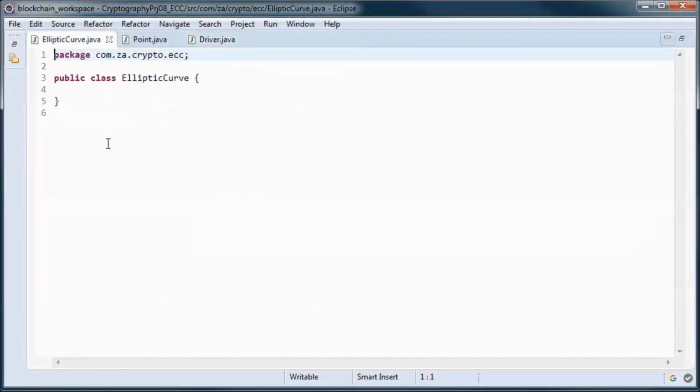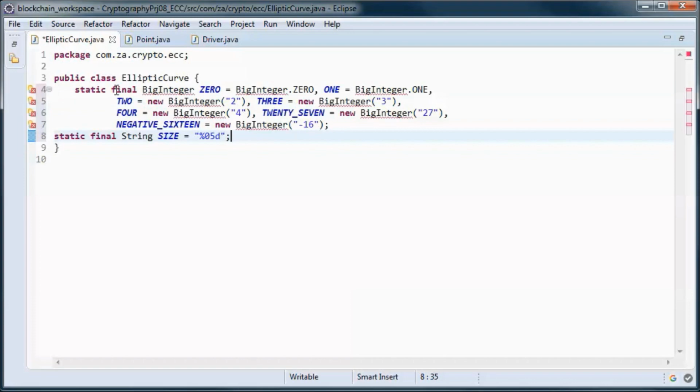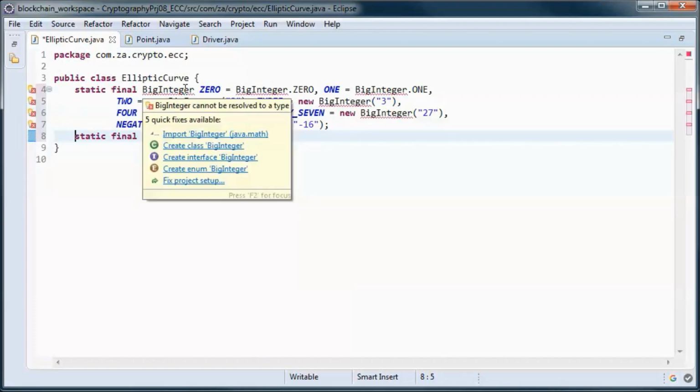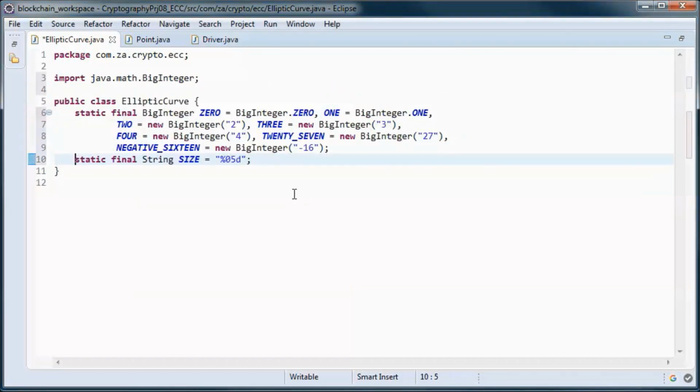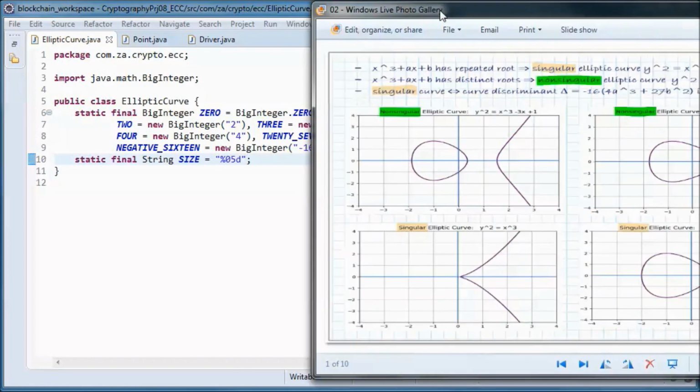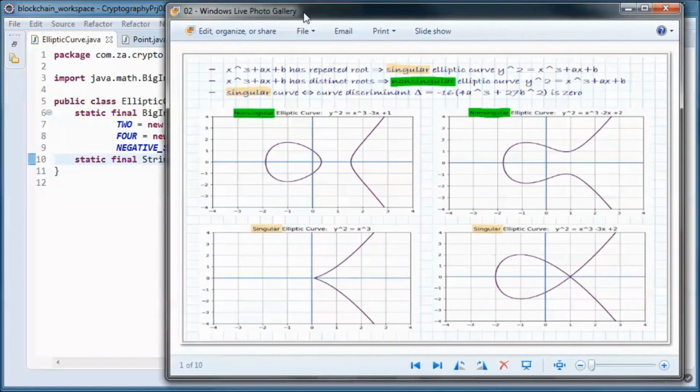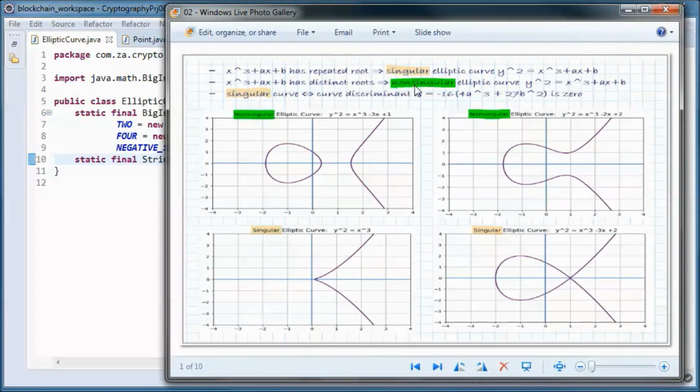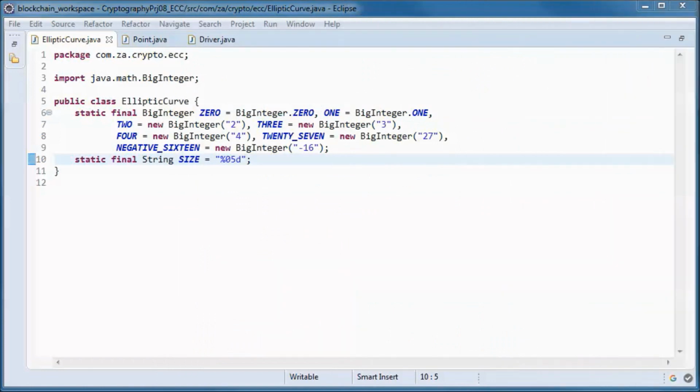And here for convenience, let's specify those static values. And we want to use non-singular curves, so we want to avoid singular ones, and this is the case when a curve is singular, if this is equal to 0.